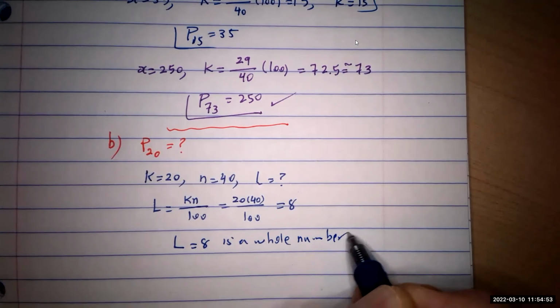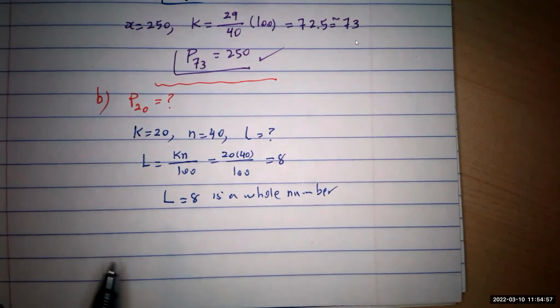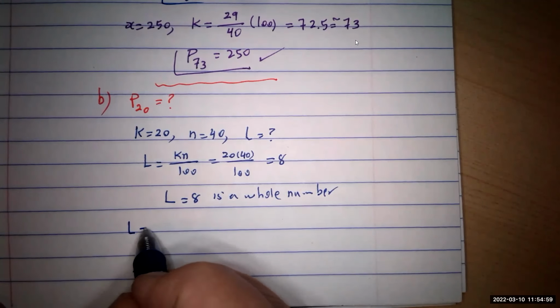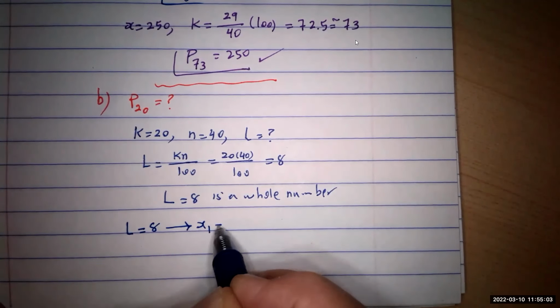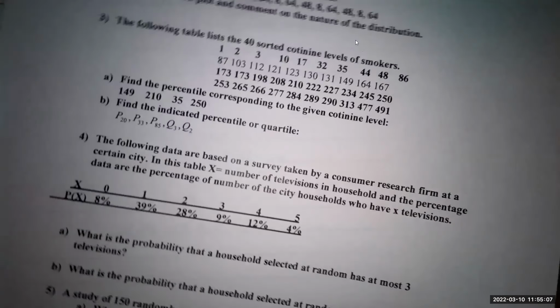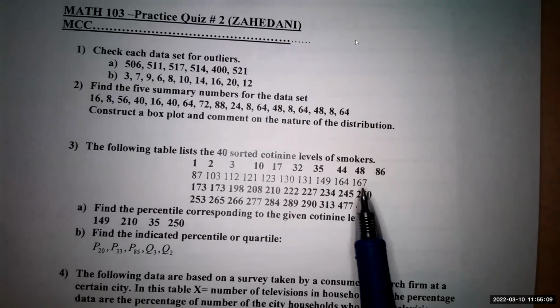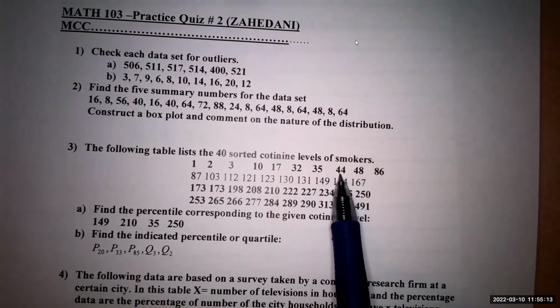Now we did have two different cases. When it's a whole number, you are going to go to the data set and find the number that corresponds to the 8th position. This is going to be the case in the 8th position.